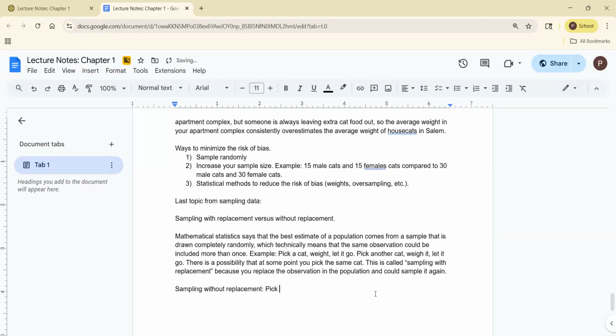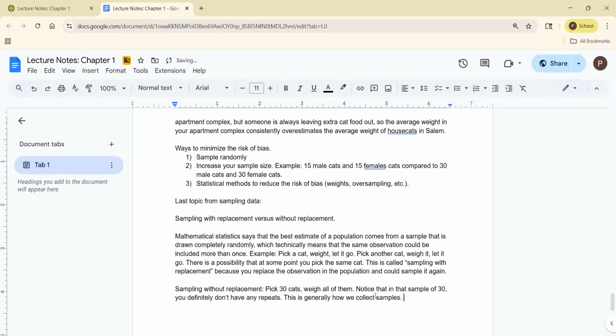In this case, you would pick 30 cats, weigh all of them. Notice that in that sample of 30, you definitely don't have any repeats, because you picked your 30 cats before you weigh them. This is generally how we collect samples.